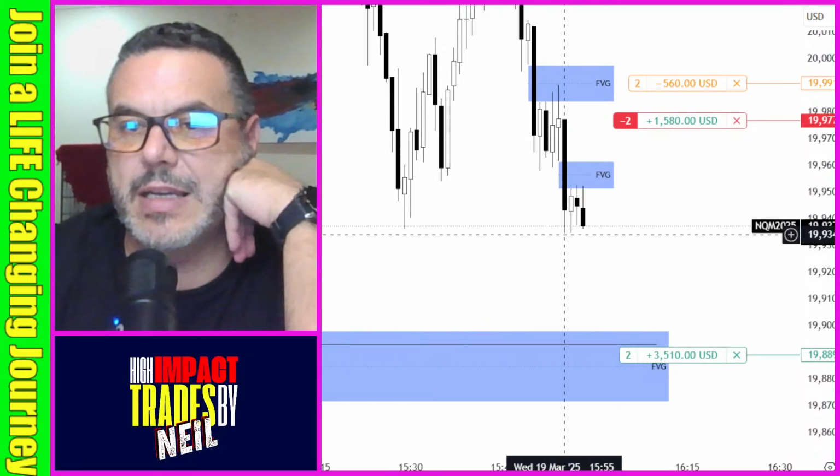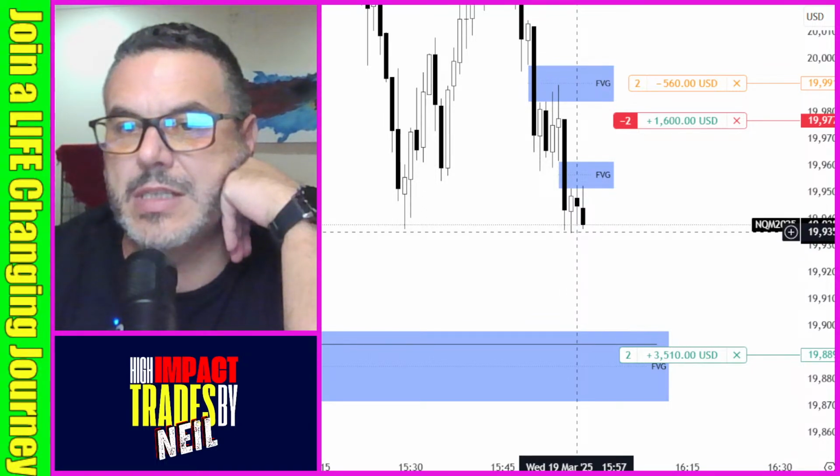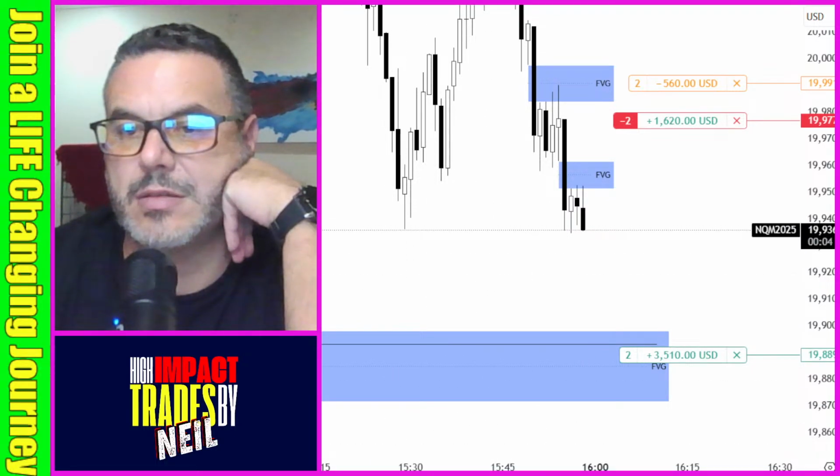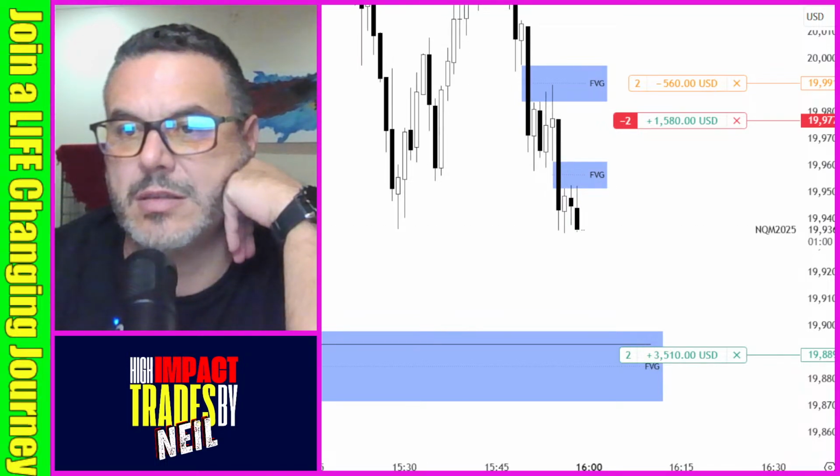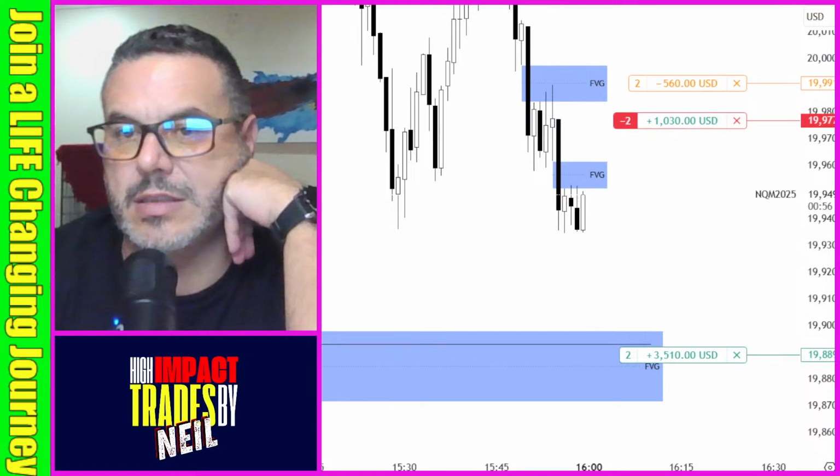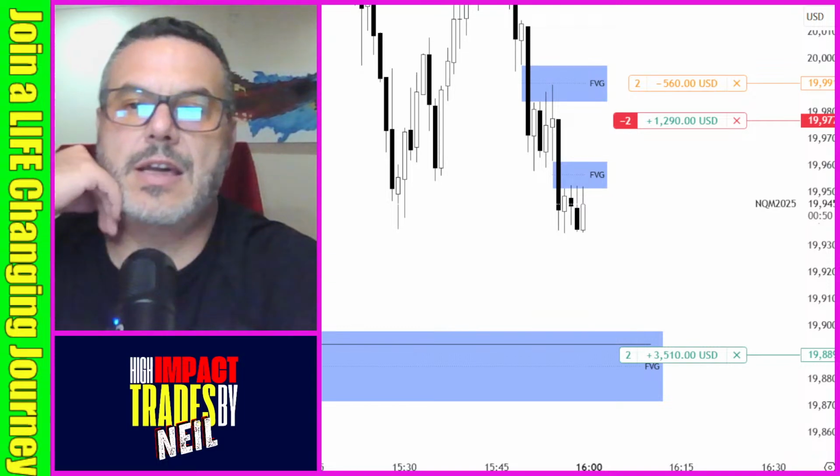I need this black candle to close below the swing points, not spike, close, because then you can see stuff like that happen. Go all the way back up, testing that fair value gap.